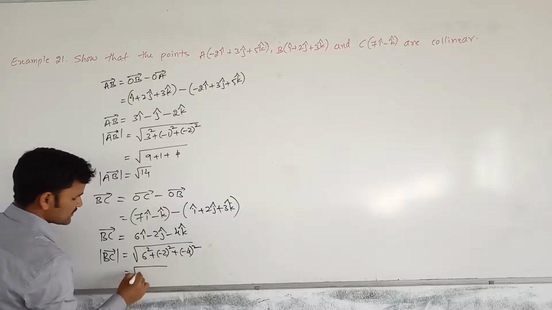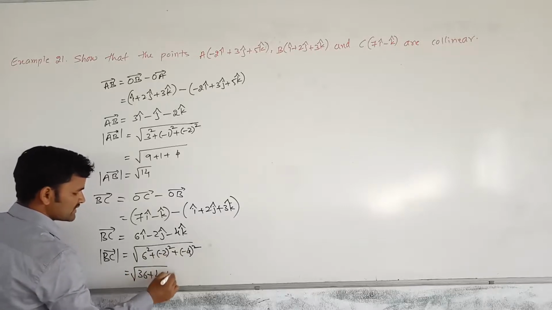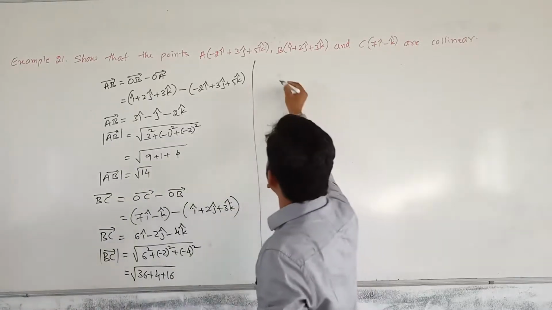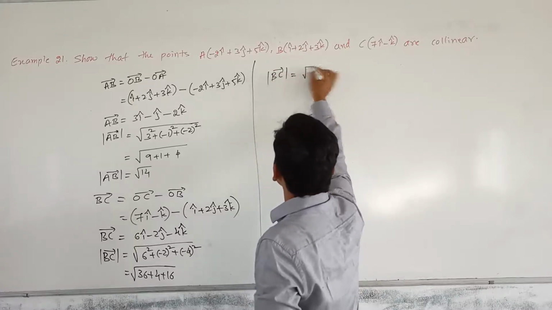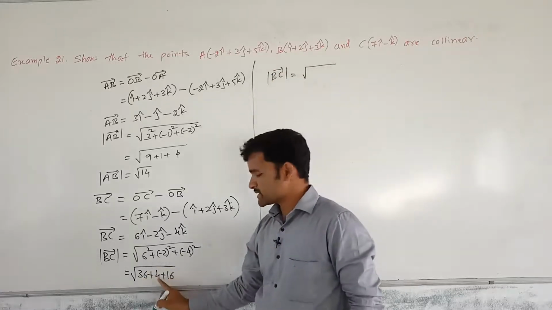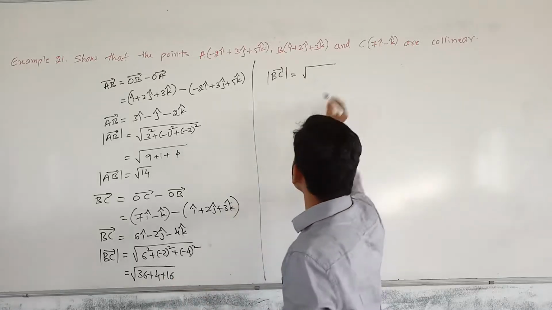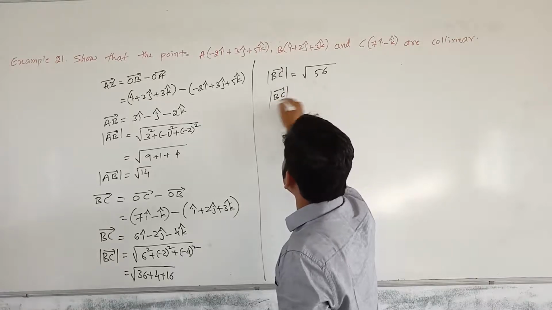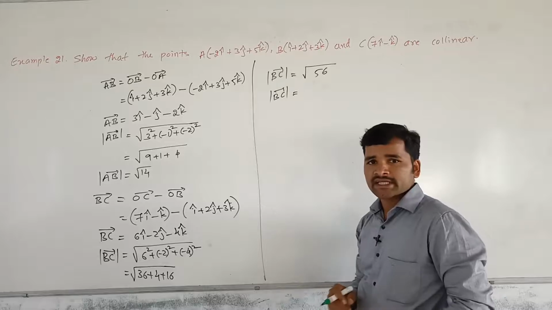This is the square root of 36 plus 4, which is 40, plus 16, which is 56. Magnitude of vector BC is the square root of 56.